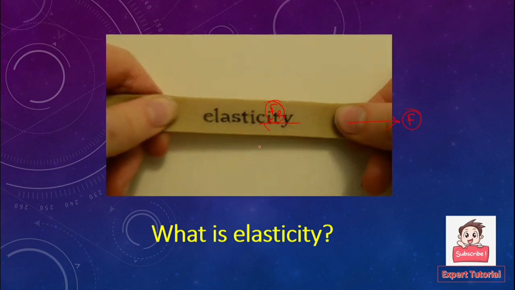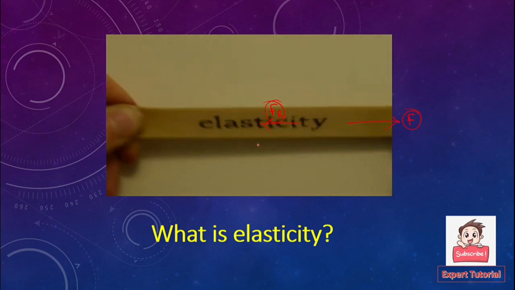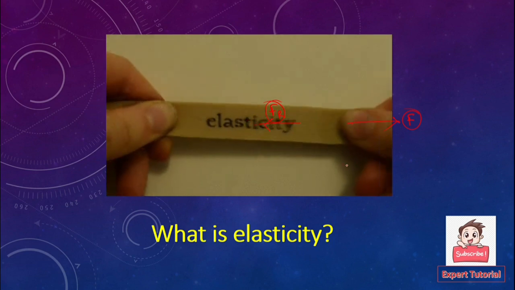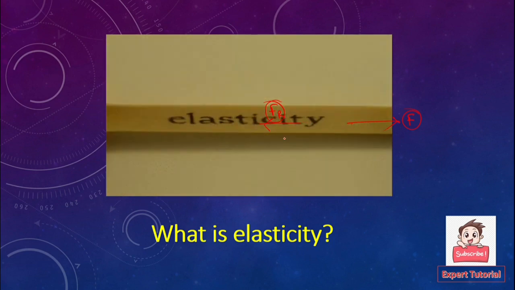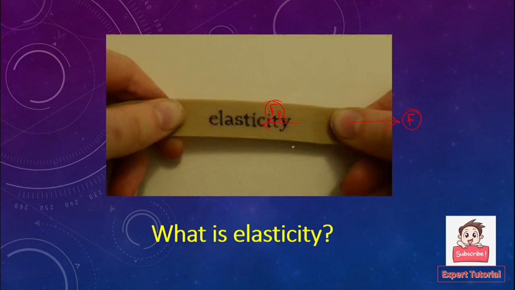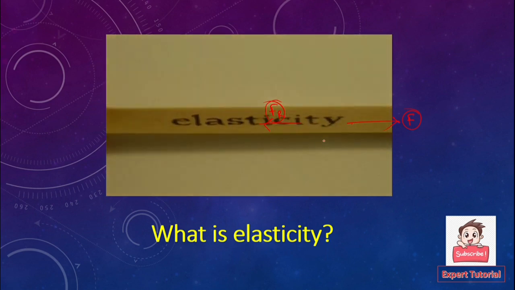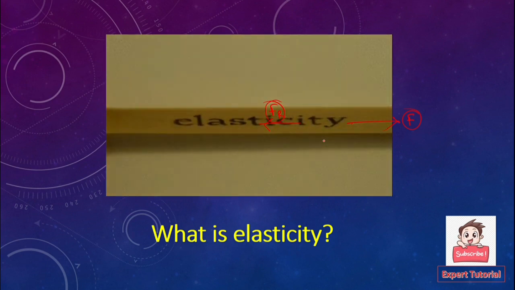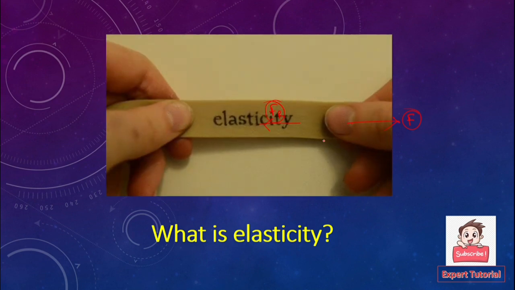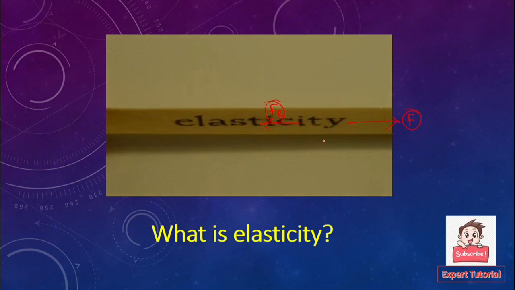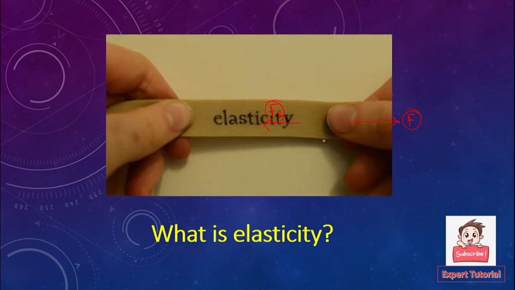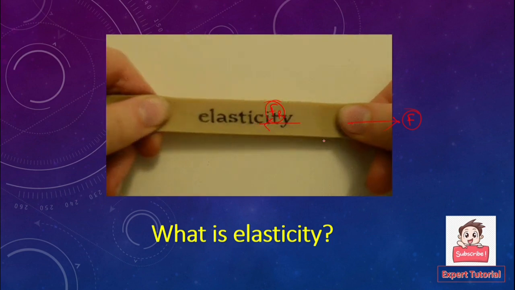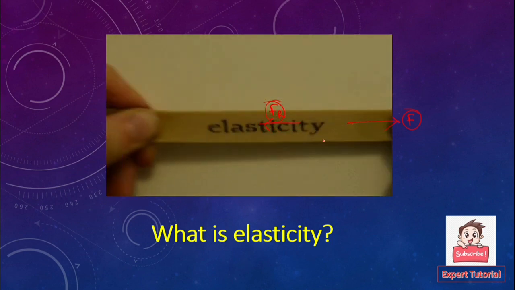This force of reaction helps the body to regain its original shape and size when the deforming force is withdrawn. So this is a general property of the material, and it arises due to the intermolecular forces. Basically the molecules try to be at their own position.